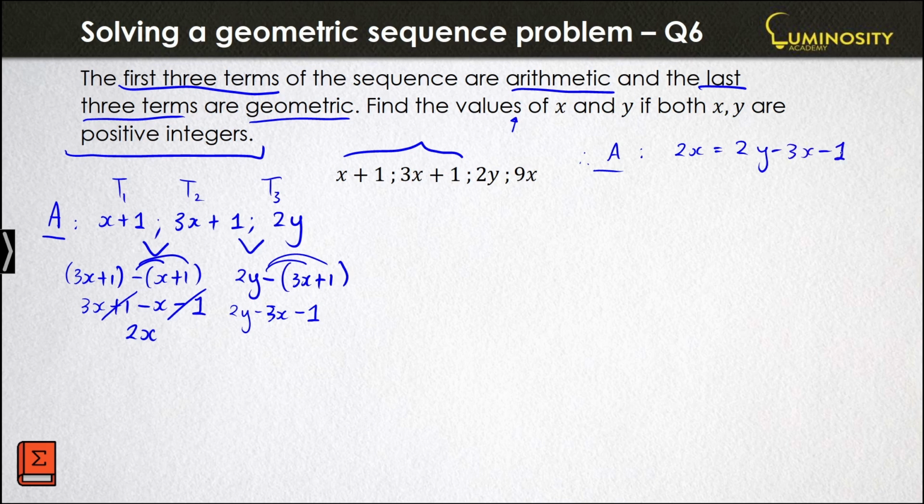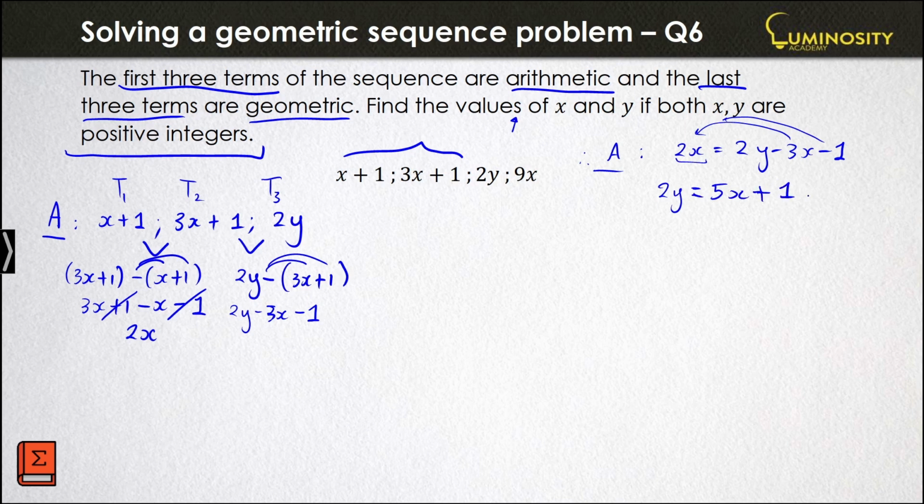I'm going to leave the 2y on this side, because then it's positive, and we'll just move over the negative 3x and the negative 1. So 2y equals: if I add 3x to both sides, 2x plus 3x is 5x, and if I add 1 to both sides, I get positive 1.